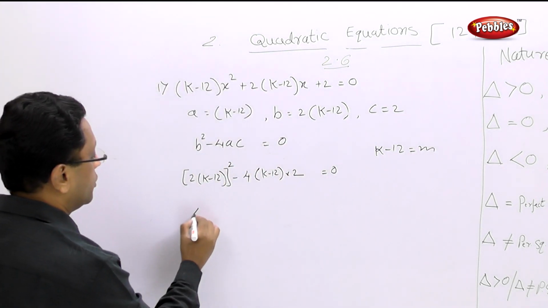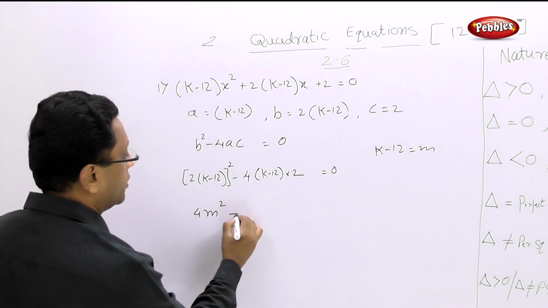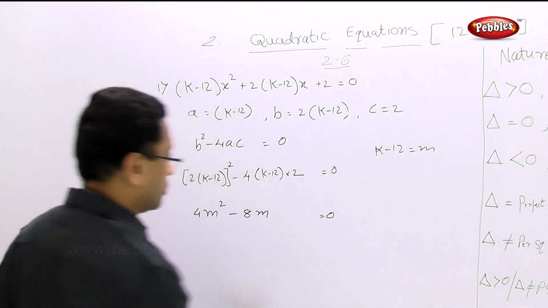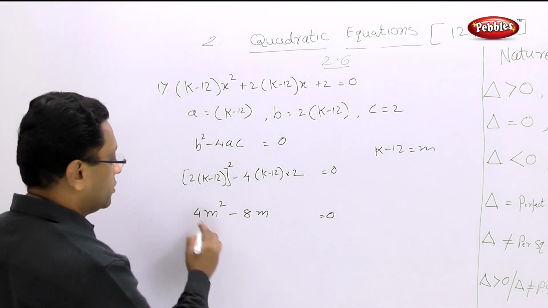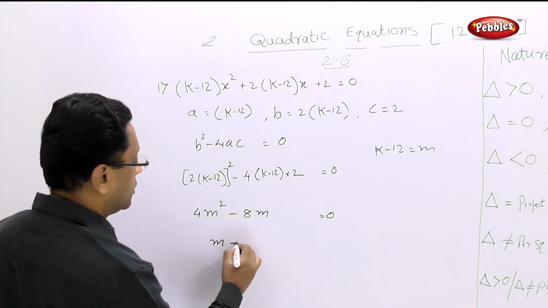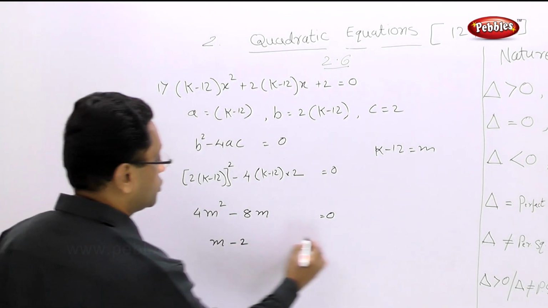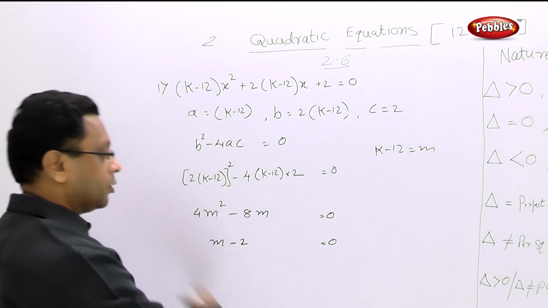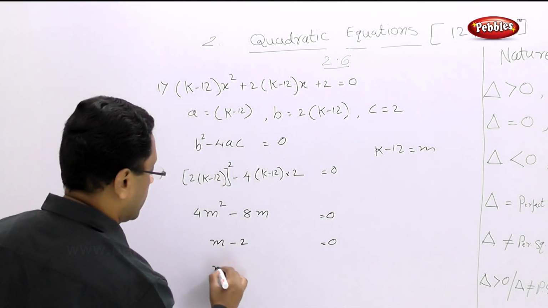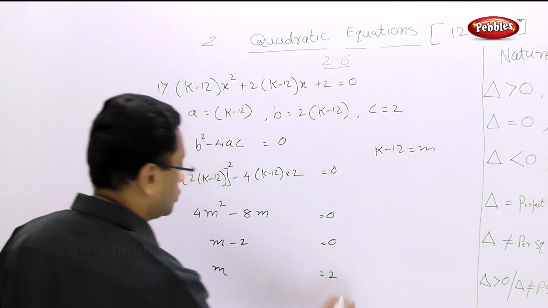So here I get 4m square minus 8m equal to 0. 4m is common, so I get m minus 2 equal to 0, because when 4m goes that side, the value becomes 0. So m is equal to 2.